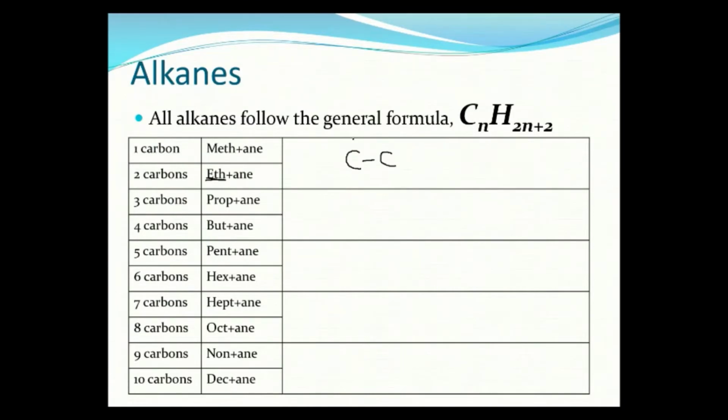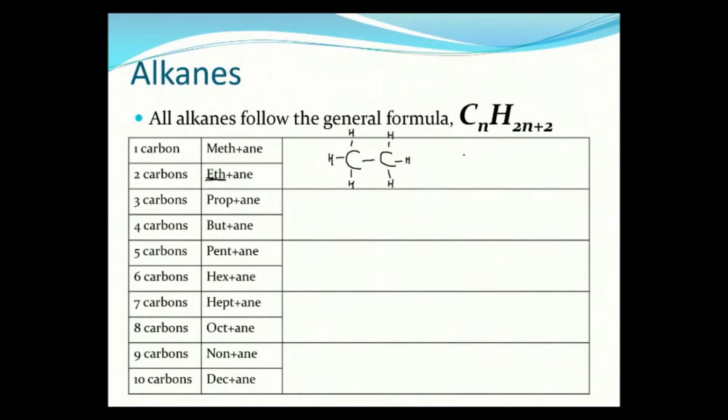And each carbon needs 4 sticks attached to it. And what we do with alkanes is we just fill those other sticks with hydrogen. So there'll be a hydrogen here, hydrogen here, hydrogen here, hydrogen here, hydrogen here, and a hydrogen here, right? So each carbon has 4 sticks attached to it. Each hydrogen has 1 stick, so it's all good.